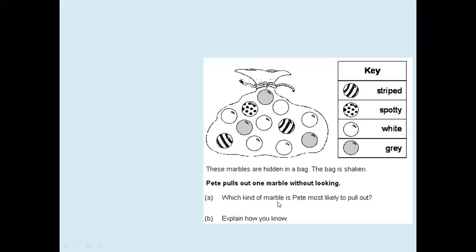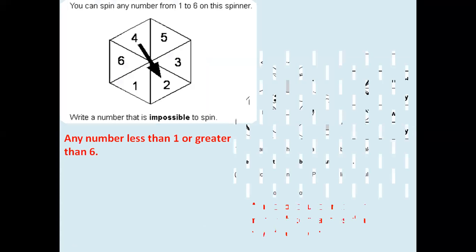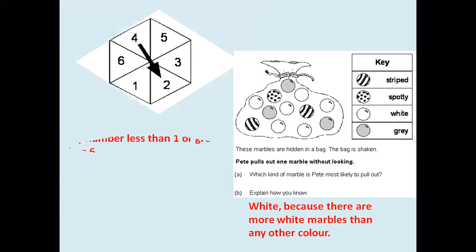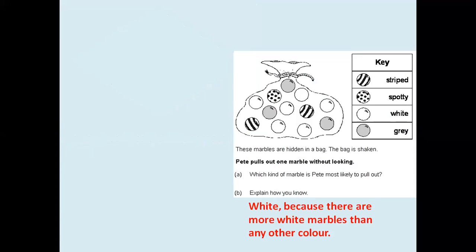Which kind of marble is Pit most likely to pull out? Most likely means the most common marbles here, the white marbles, because there are more white marbles than any other types of marbles. This is the explanation of it.